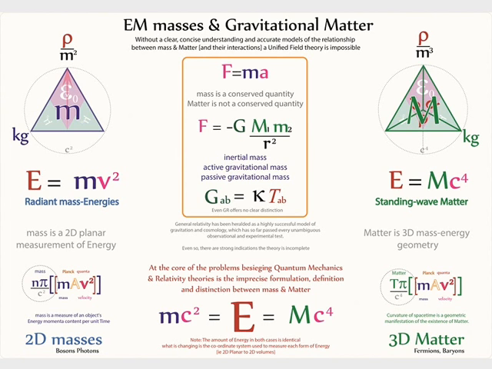Interestingly enough, at the bottom of the page you'll note that in formulating the difference between mass and matter, we come to the conclusion that mass by the square of the speed of light is the energy content, whereas in the case of matter, the mass energy content of matter is c to the fourth.